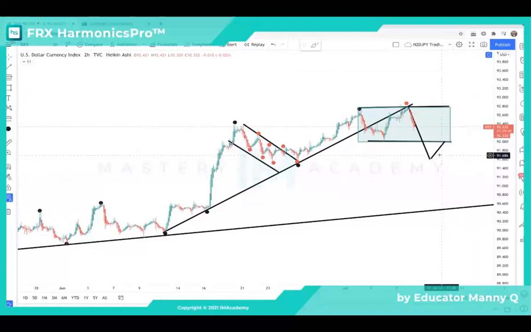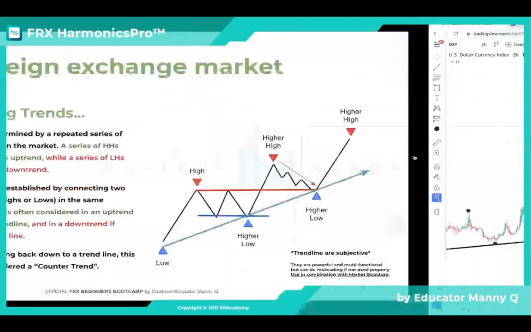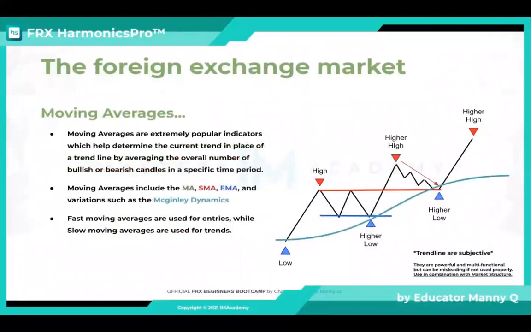All righty. Now this is going to bring us to some other things. You can also use moving averages. Moving averages are extremely popular indicators which help determine the current trend in place of a trend line by averaging the overall number of bullish or bearish candles in a specific period.